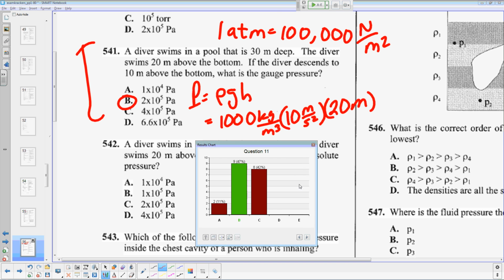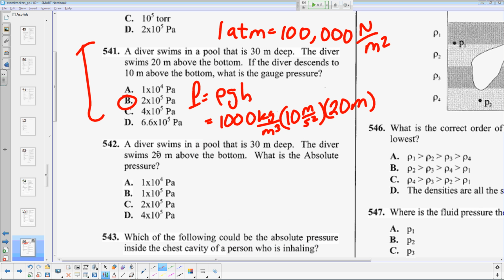Okay, let's try this next one now too. Now, what is the absolute pressure here? Here he's actually 20 meters above the bottom. What is the absolute pressure?